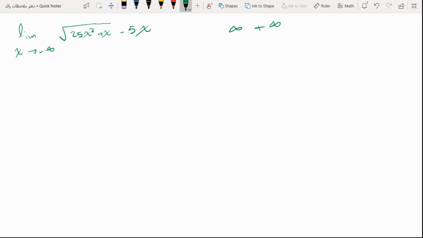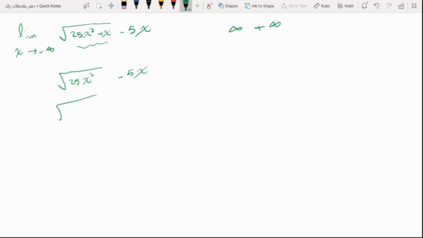So if we check by ordinary substitution, we take 25x to the power of 2 minus 5x. Why did I take that? I just concentrate on the highest degree.